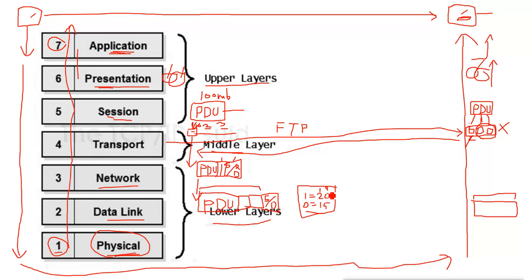Then it will say that CRC is saying ones should be 20, but I am seeing only 19. That means the data is corrupt and it is not right, and it will drop it. Now I am giving you an example only. It is not like that. It is a very complex algorithm.